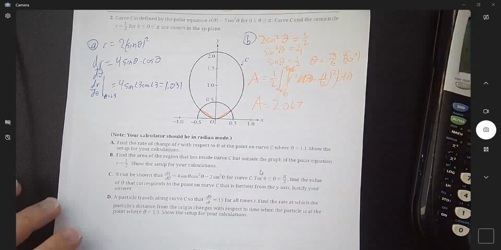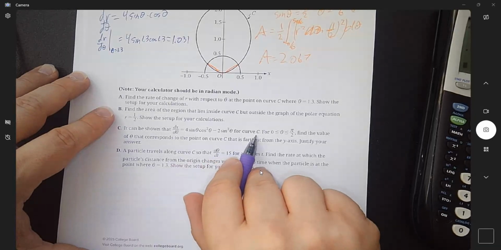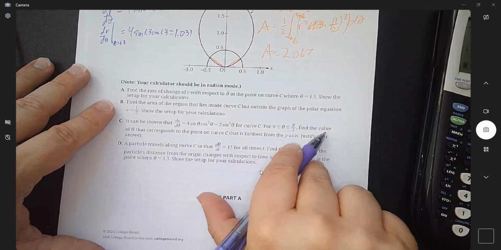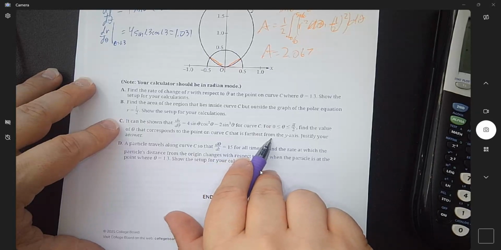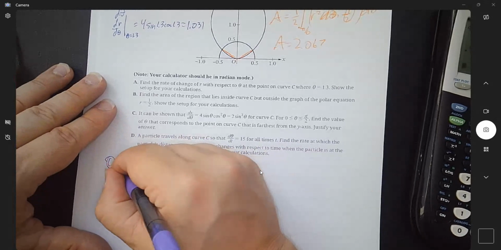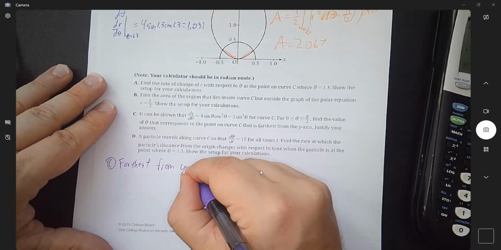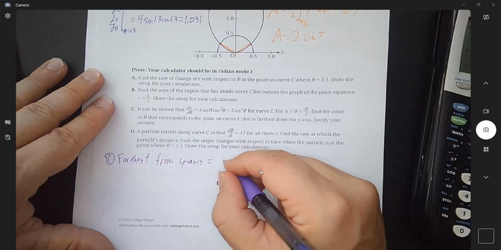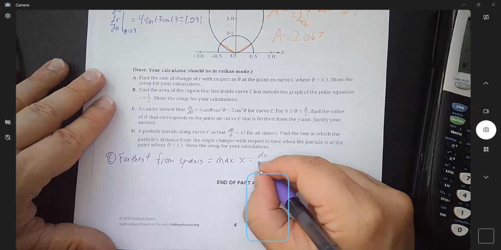Okay, moving on. It can be shown that dx/dθ is that for curve C. For that, find the value of θ that corresponds to the point on curve C that is the farthest from the y-axis. So for C, farthest from the y-axis equals the maximum x, which means dx/dθ is 0.